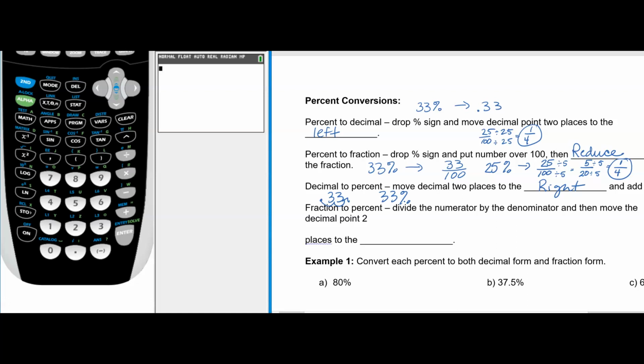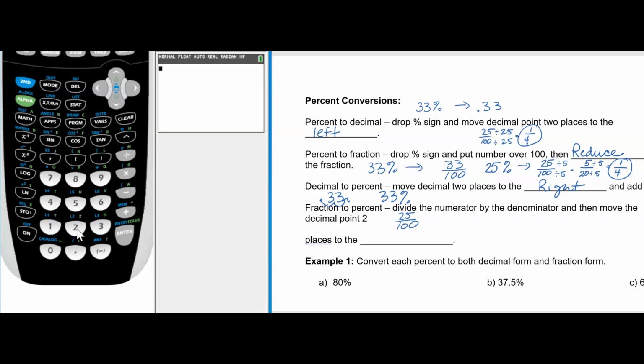And lastly, fraction to percent. You're going to divide the numerator and denominator and then move the decimal point, okay? So let's actually do 25 divided by 100. We'll use that example. So over here in my calculator, when you're dividing in the calculator, you can use the division sign here.